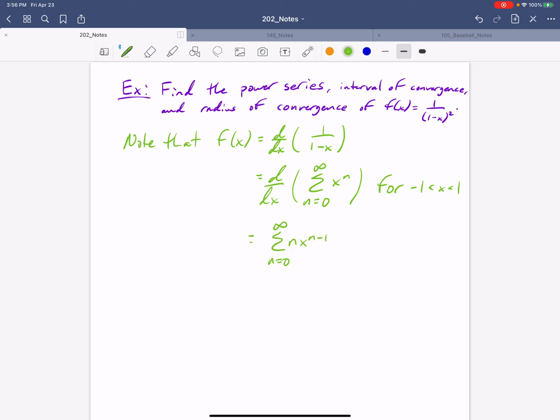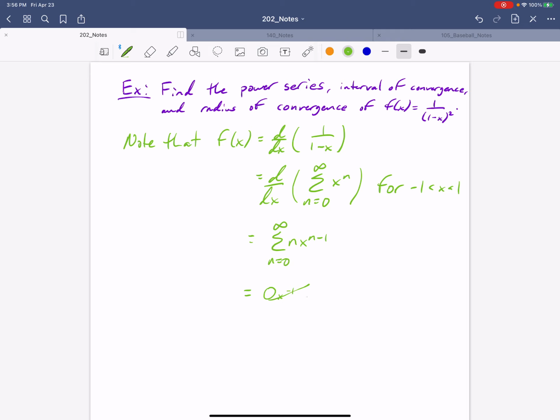We're just going to take the derivative of x to the n, we're going to get n times x to the n minus 1. And just to be clear, not that you would need to write this unless I asked, this is, well, I guess it's 0 times x to the negative 1. That doesn't really matter.